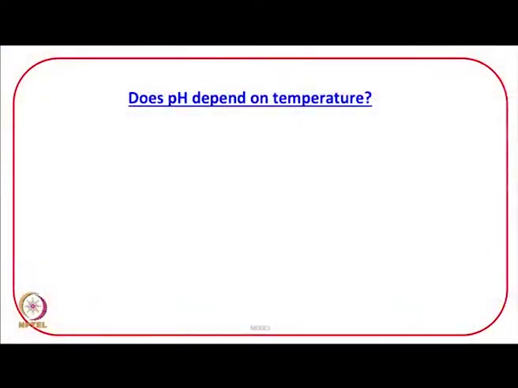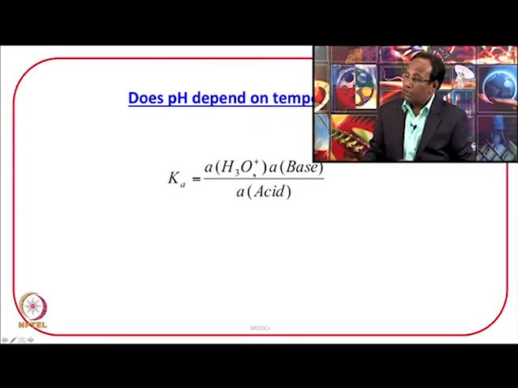The question is, does pH depend upon temperature? For this, we need to take a look at the expression for the acidity constant, which we defined as the activity of hydronium ion times the activity of base divided by the activity of the acid.